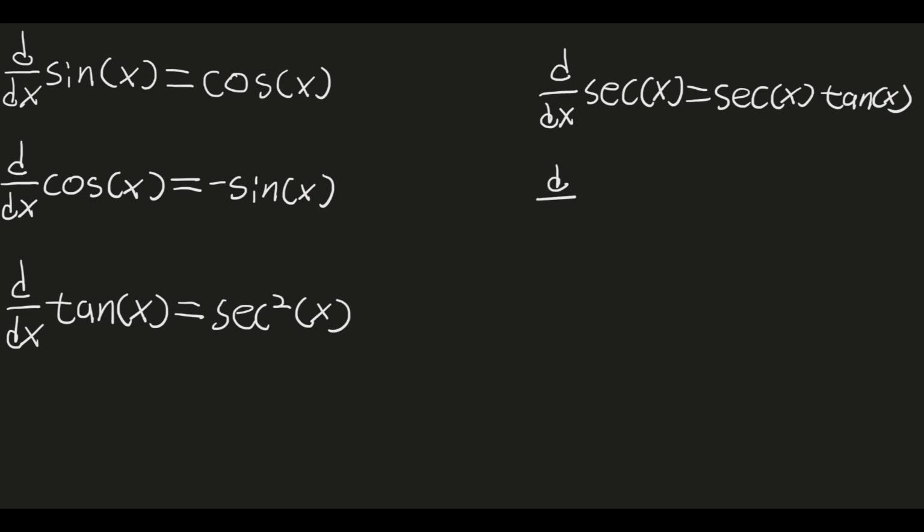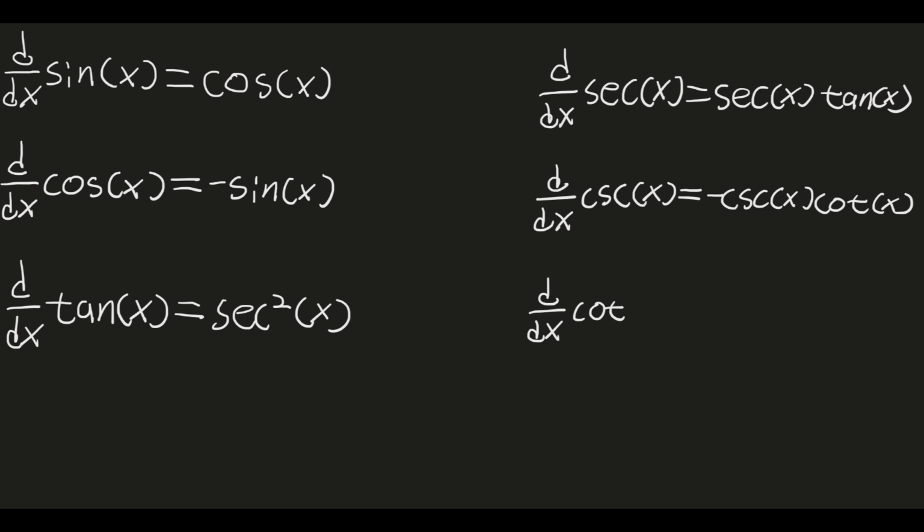The derivative of cosecant x, just like cosine, the derivative of this function has a negative sign, which is negative cosecant x times cotangent x. Last but not least, the derivative of cotangent x is simply negative cosecant squared x.